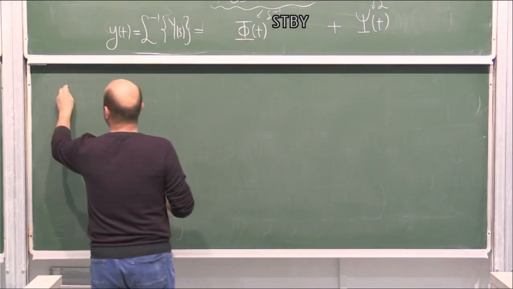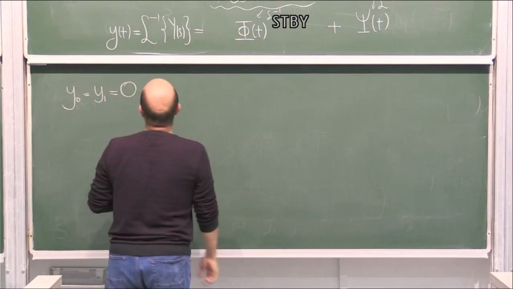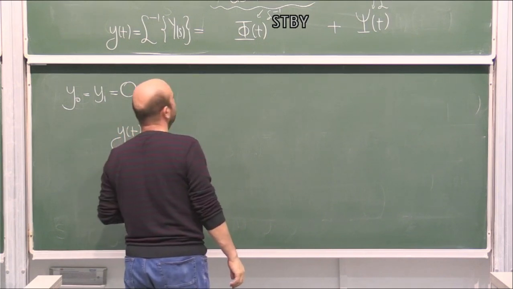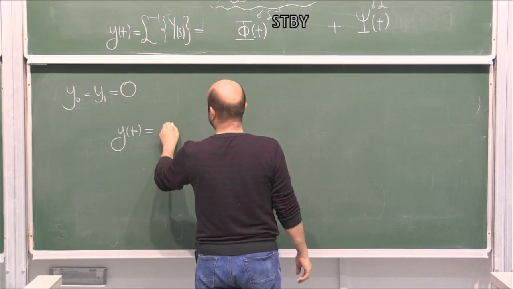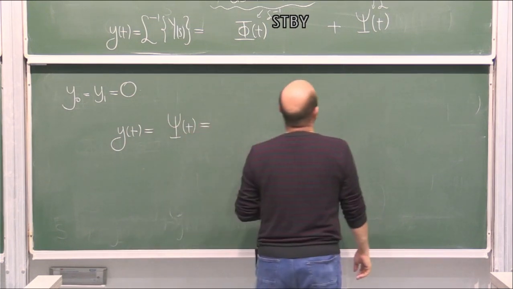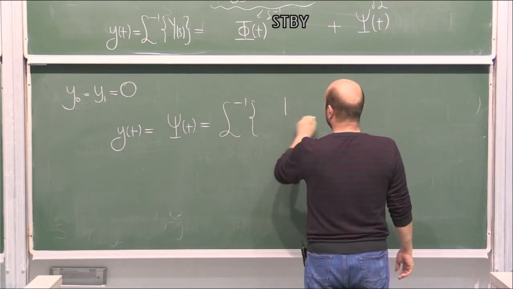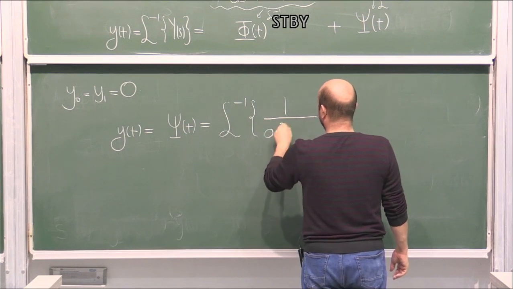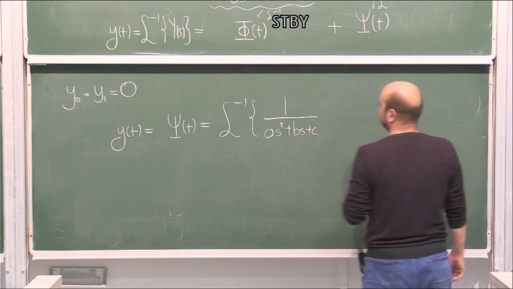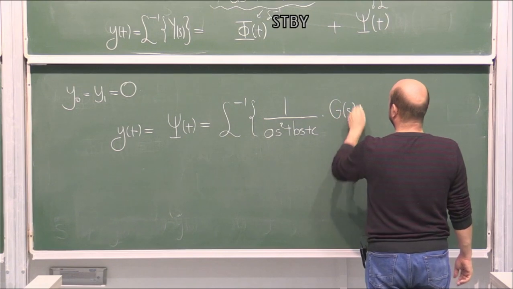Assuming now y0, y1 both are 0, then our solution is going to be this P, which is actually L inverse of 1 over a s squared plus s plus c times g of s.